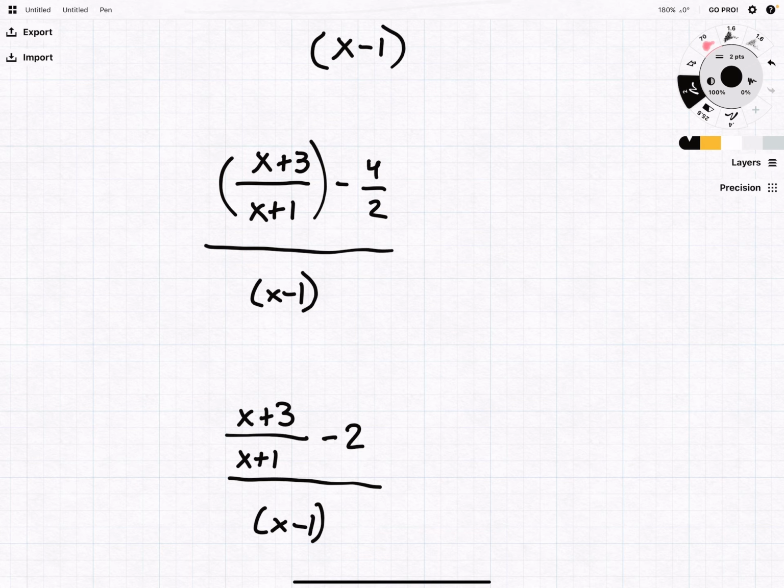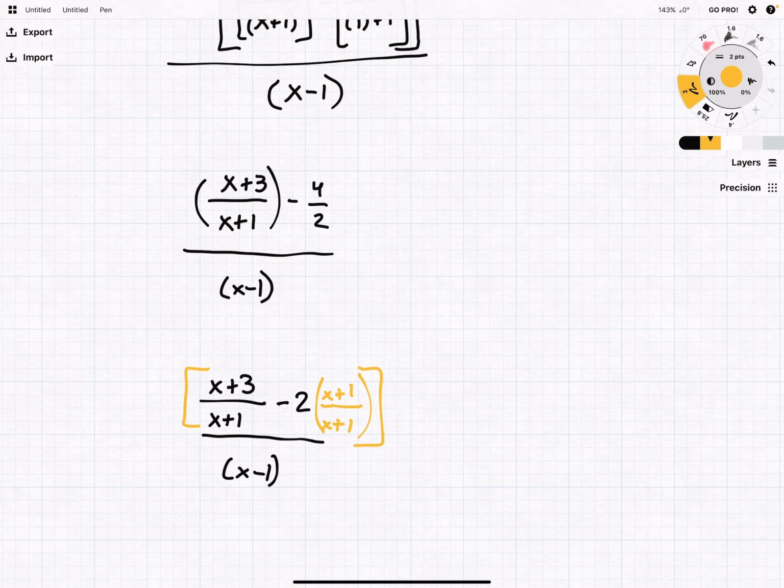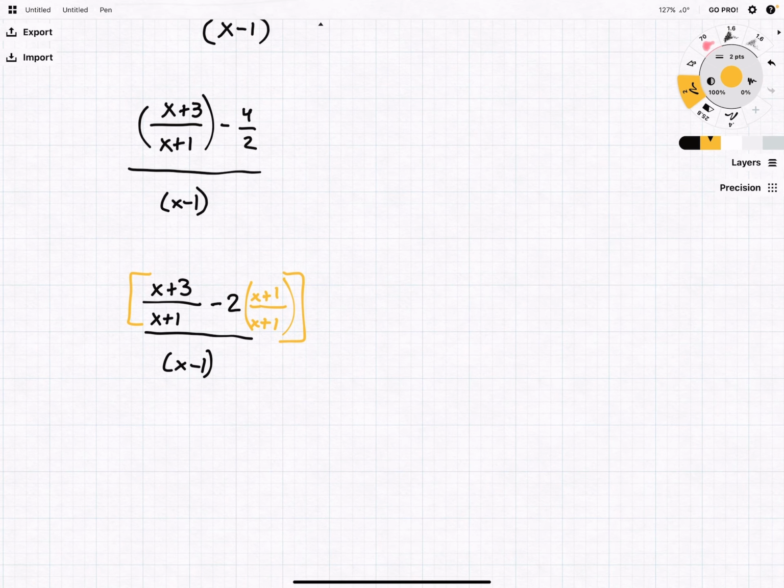Now what we're going to do is we're going to multiply this 2 by (x plus 1) over (x plus 1). And that's because we want it to have a common denominator. That way, at least the numerator of this large fraction can be joined together, right? So let's go ahead and bring this up over here.